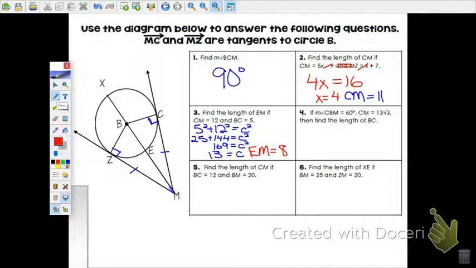Number 4 says if the measure of angle CBM is 60 and CM is 13 square root of 3, find the length of BC.